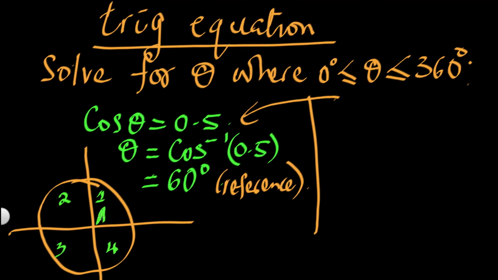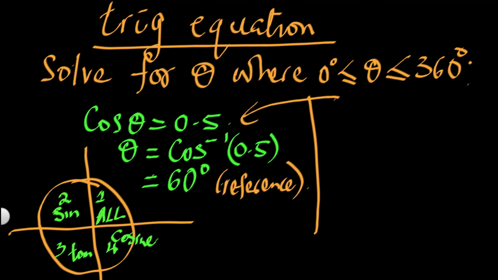In quadrant 1, all of these ratios are positive. Cosine is positive, sine is positive, tan is also positive. In the second quadrant, only sine is positive. In the third quadrant, only tan is positive. And in the fourth quadrant, only cosine is positive.